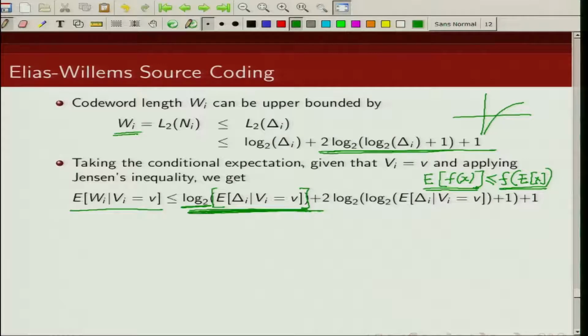So that's why we move the conditional expectation inside, and we can write this as 2 log of expected value of delta I given Vi is V. Next, we know what these terms are.